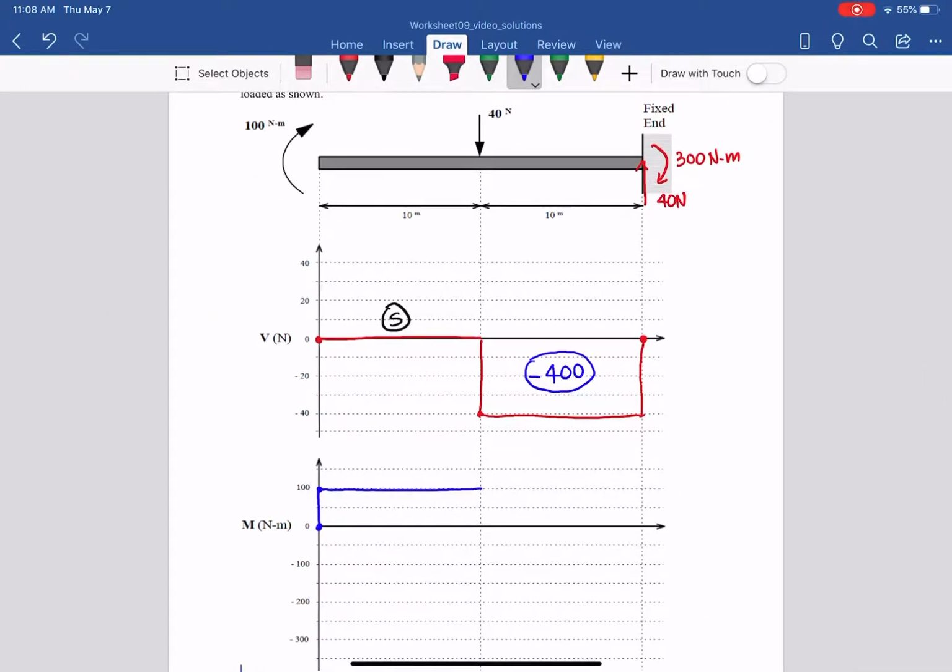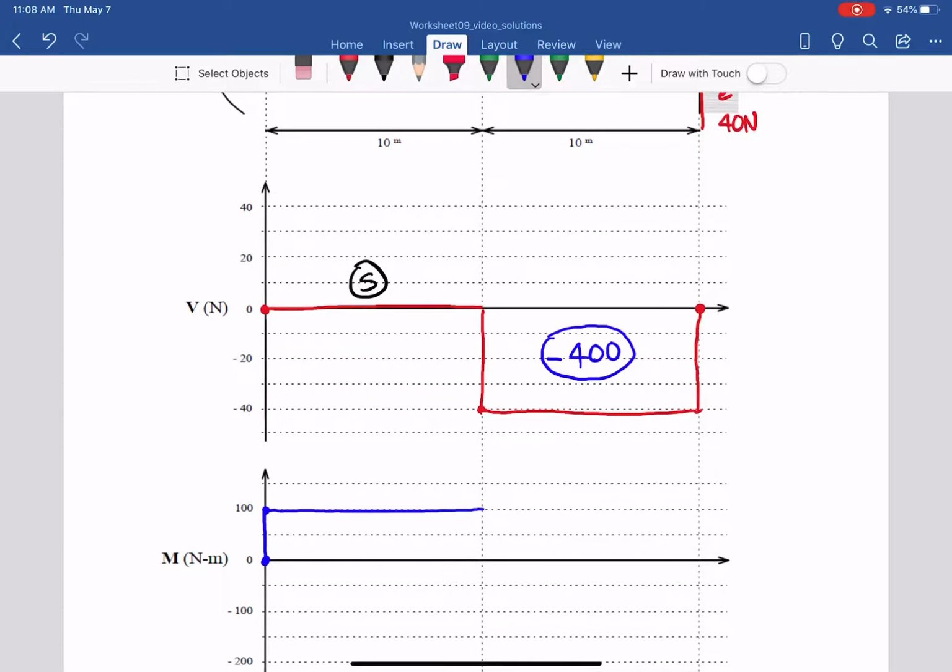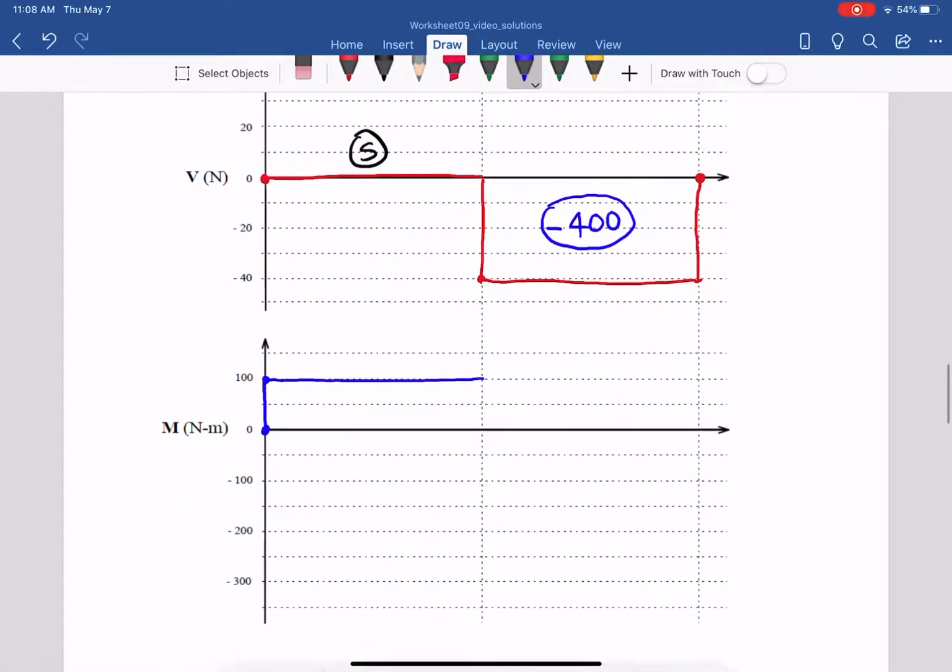Okay, and then we continue. You see 100, and then we have the change in the last 10 meters of negative 400 Newton meter. So it goes down from positive 100 to negative 300 Newton meter, for a change of 400 Newton meter negative.